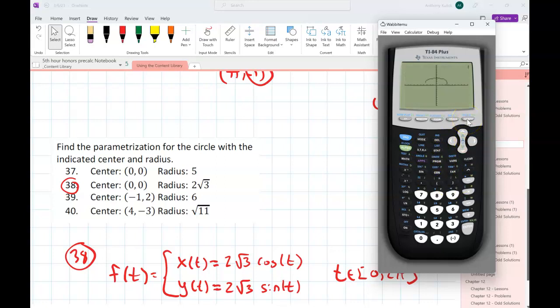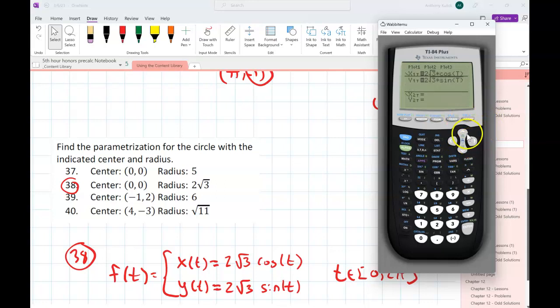There you go. Goodness gracious. Where's the other half? Oh, I know why. No, I am in radians. What the... Why didn't it give me a full circle?